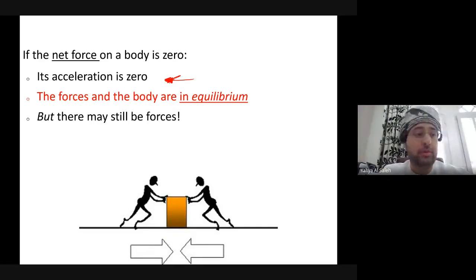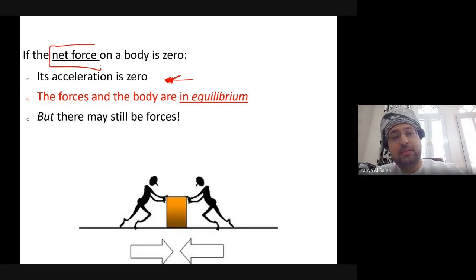Only it's not going to change the velocity. We say if its acceleration is 0 and the net force on a body is 0, the forces and the body are in equilibrium. There might still be forces. We don't say there are no forces. We say they are in equilibrium, and this is why net force up here is underlined and in a red square.